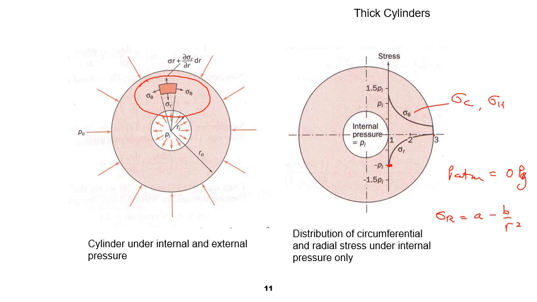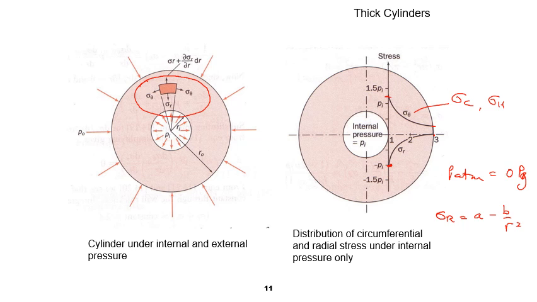And for sigma circumferential or sigma hoop, we also have a curve and it is not equal to 0 on the outside, because we still have some value of circumferential or hoop stress on the outside surface.